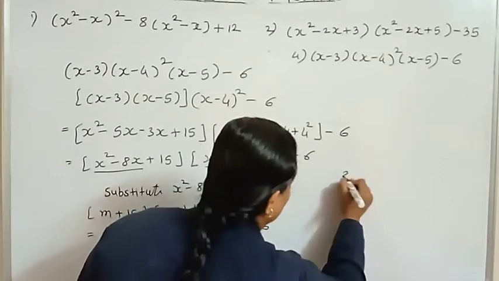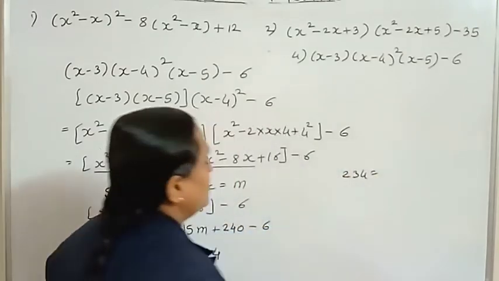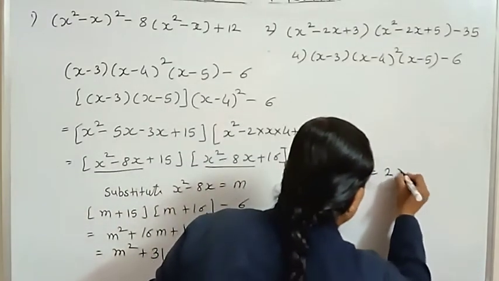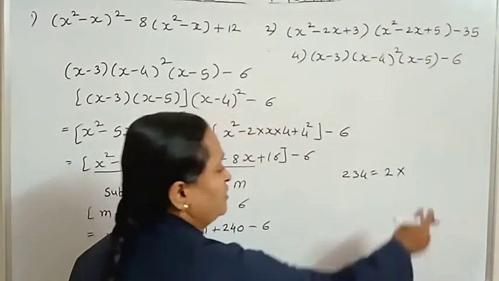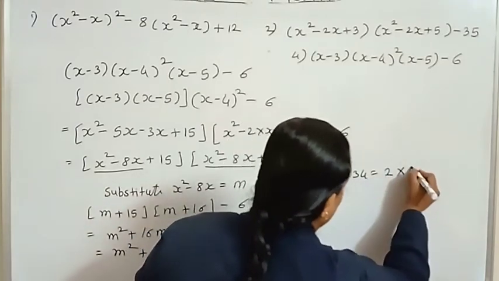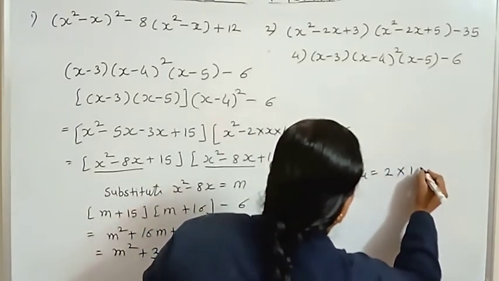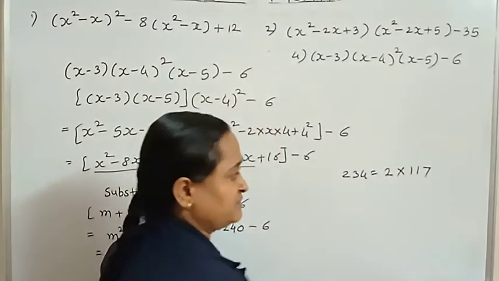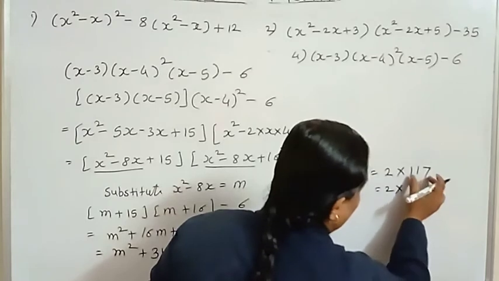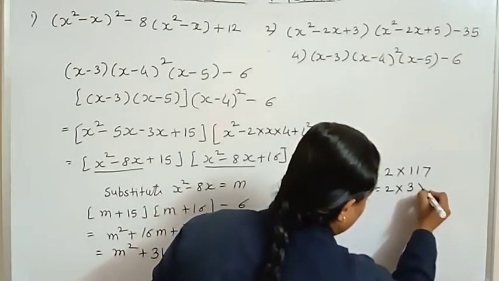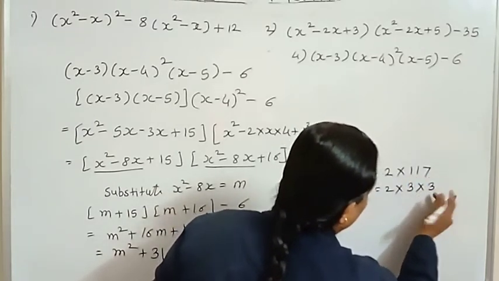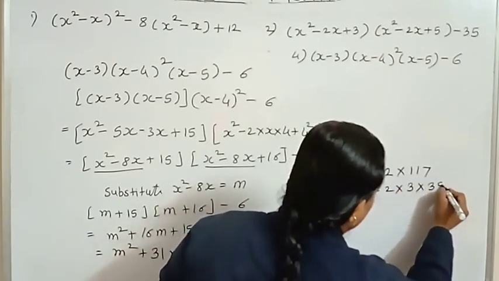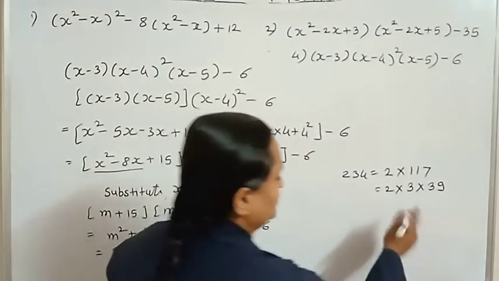Now see first, suppose 234 is there. 234 is divisible by 2, then we will write that 2. Then 2 multiplied by, see which number you will get. 2 ones are 2, next 2 threes are 6, wait, 2 ones are 2 again, and 2 sevens are 14, giving 117. Then 2 into, now 117 is divisible by 3. 3 thirties are 9, 3 nines are 27, means 39.